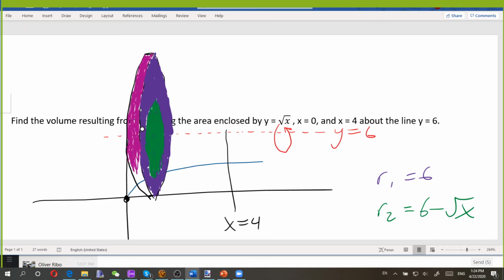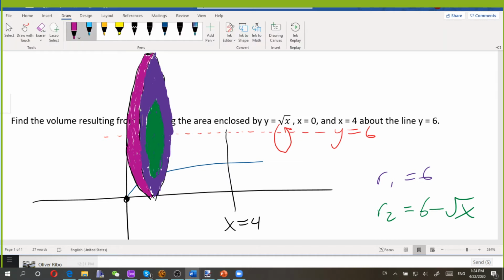Again, I'm exaggerating a little bit here because this would be infinitely small, kind of like a sheet of paper. Since we'll want to keep stacking these disks on top of each other again and again, and we're spinning about our axis of rotation here in red.